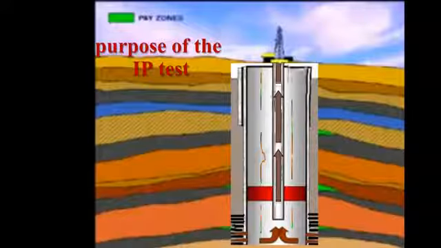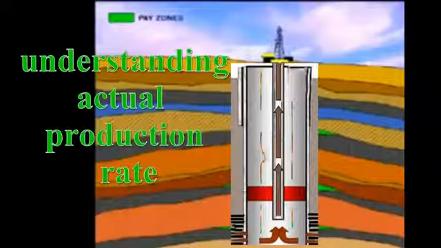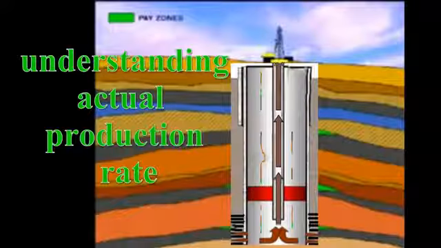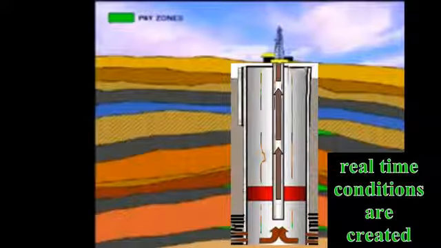Because the purpose of the IP test is to better understand the well's actual production rate, real-time production conditions are created. These evaluations will help guide the final decisions in the field appraisal.